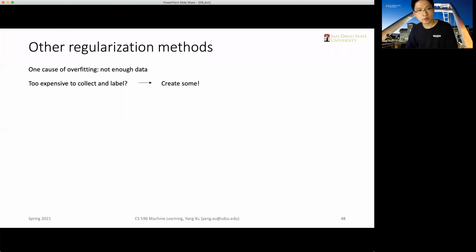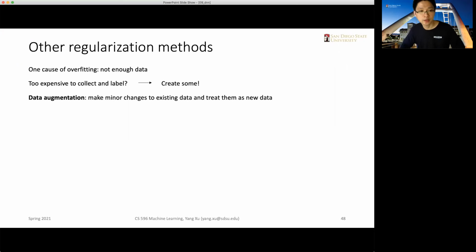One cause of overfitting is that we have a very big model but too few data points. We have too small a data set to fit the model, okay? But if it's very hard or expensive to collect data or to manually label all the data sets, then one option is that we can create some on top of the existing data points. It's called data augmentation.